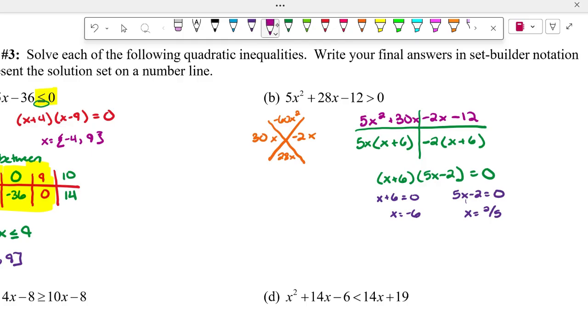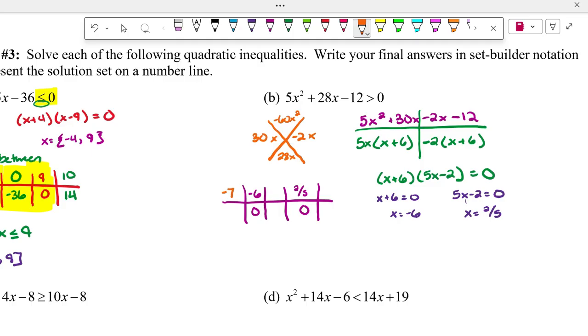Now I need to check to see where my inequality will be. So I have negative 6 and 2/5. These are where they're both 0. So I would do, let's say, negative 7. Doesn't really matter. You have calculators.